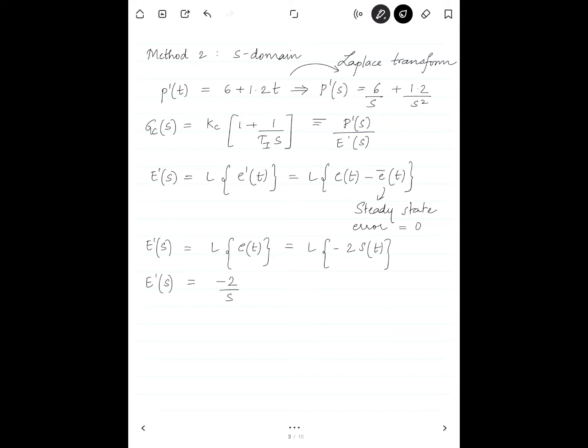And now that we have everything in the S domain, all that we need to do is substitute it back into the expression for the controller transfer function.